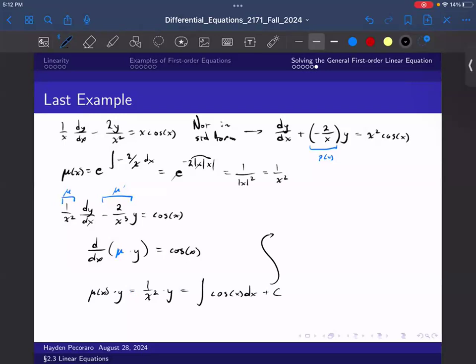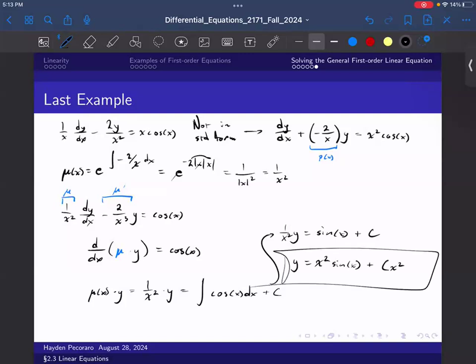Sine, good. Sine of x plus c. All right, and then we go ahead and solve for y. We get x squared sine x plus c x squared. All right, and there we go. There's our solution.